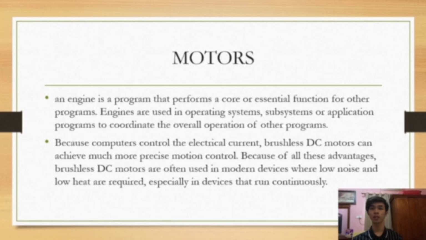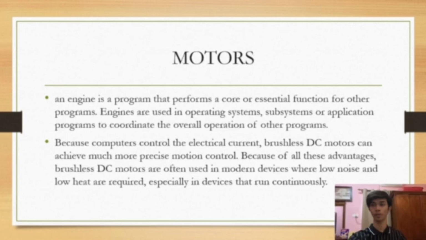Because computers control the electrical current, brushless DC motors can achieve much more precise motion control. Because of all these advantages, brushless DC motors are often used in modern devices where low noise and low heat are required, especially in devices that run continuously.